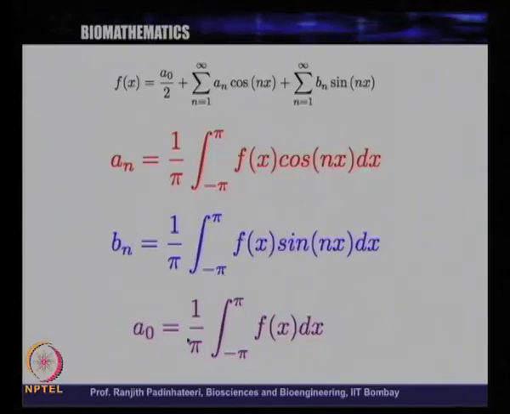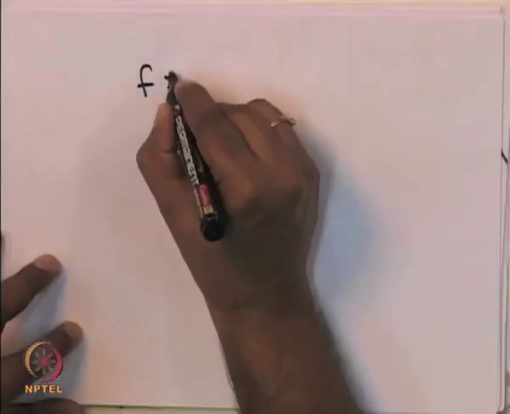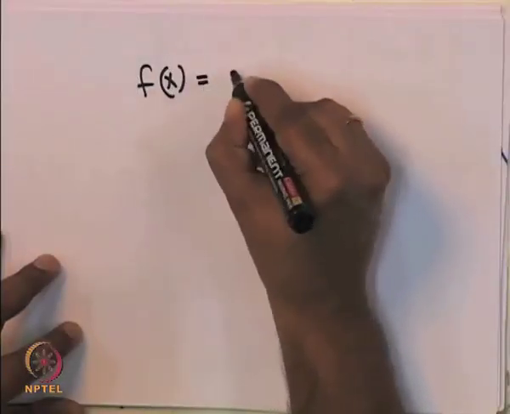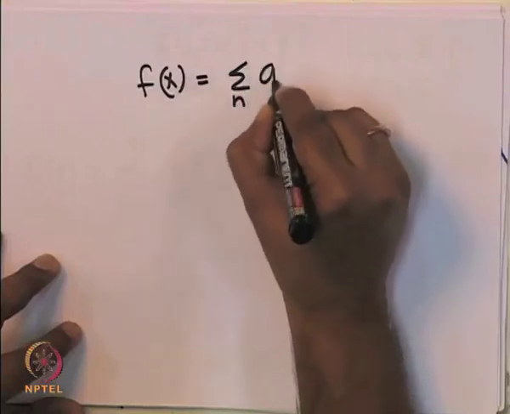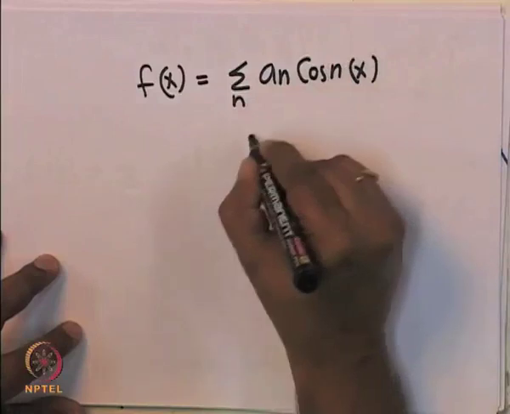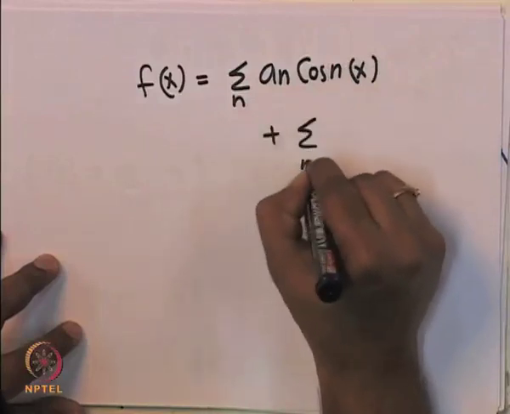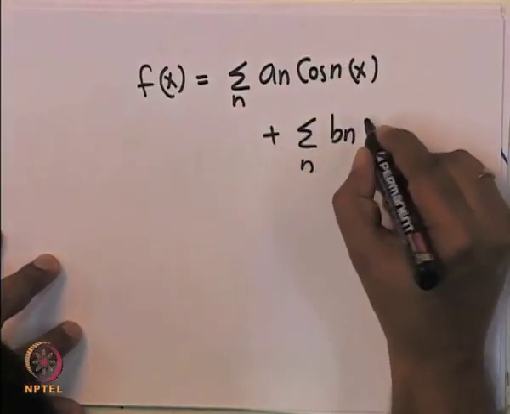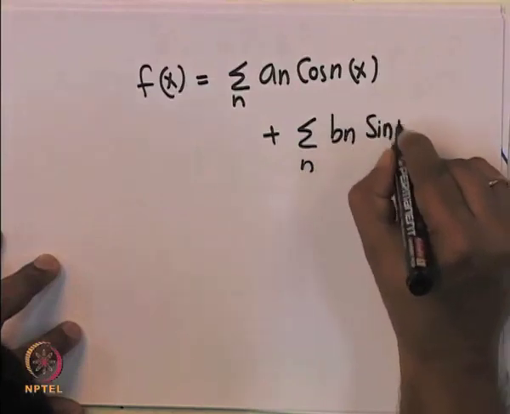So, how do we get a n and b n in this particular way? It is very simple. You take this f of x, multiply with cos n x and see what we get. So, let us do that. Look here. f of x is the sum over n of a n cos n x plus the sum over n of b n sin n x.